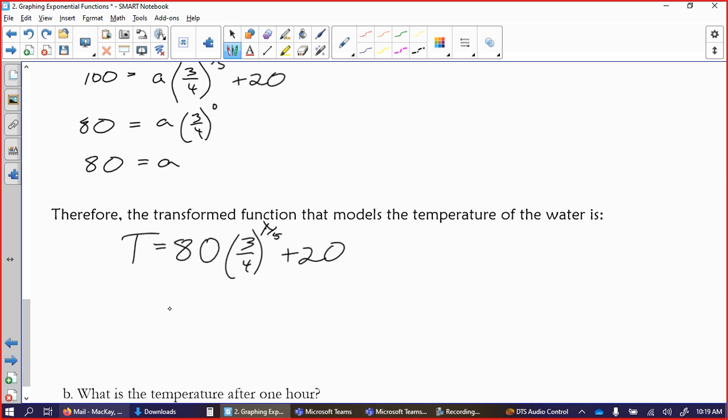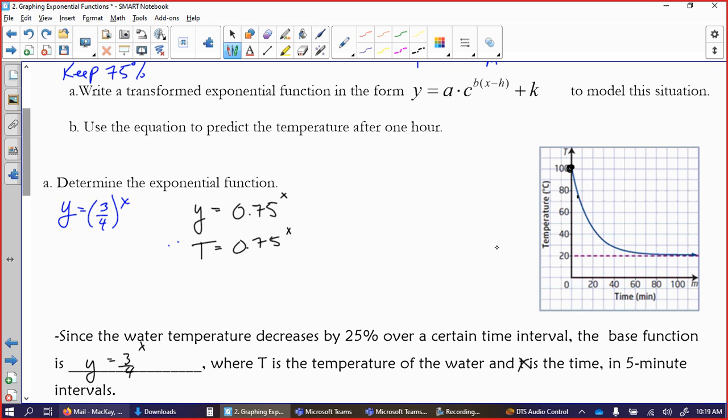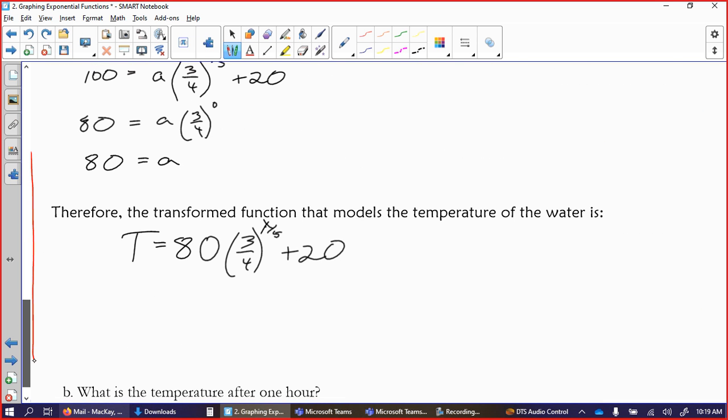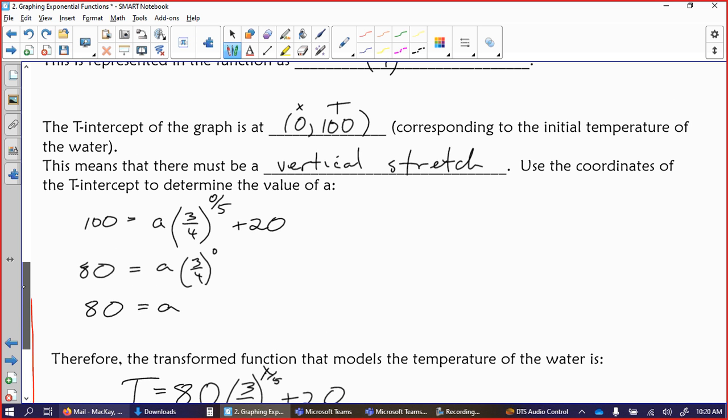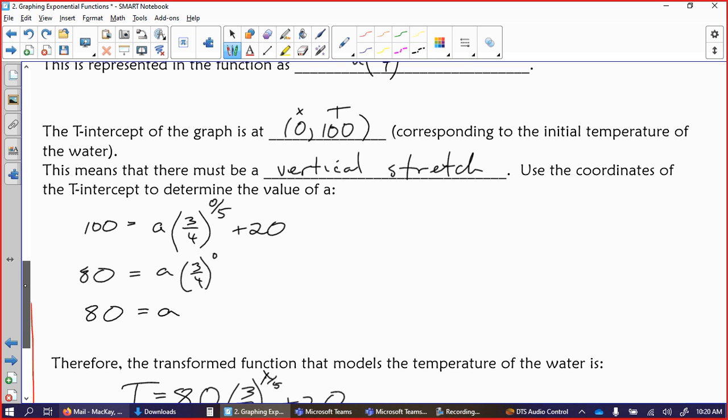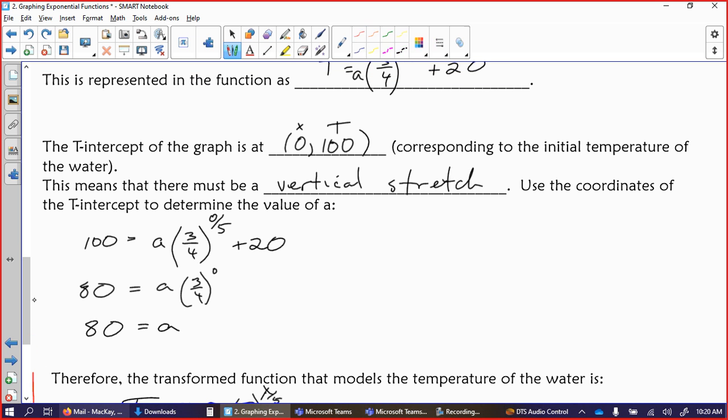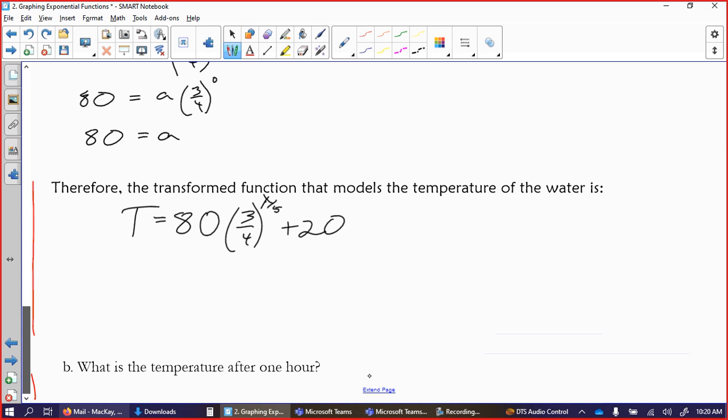We know after 5 minutes, it should be, let's see. For 5 minutes, that's 1/3 of 80. What is the temperature after an hour?